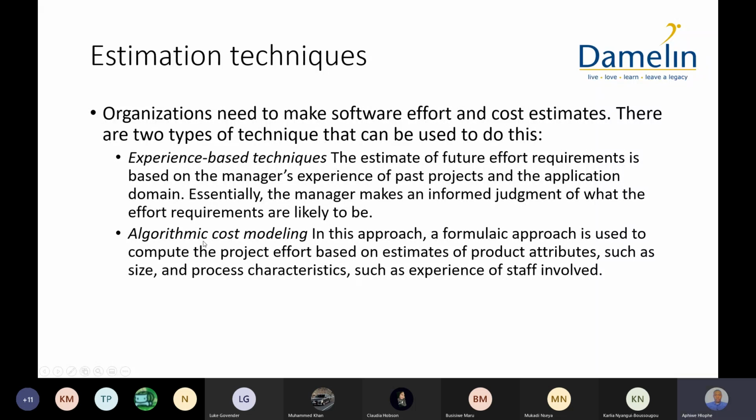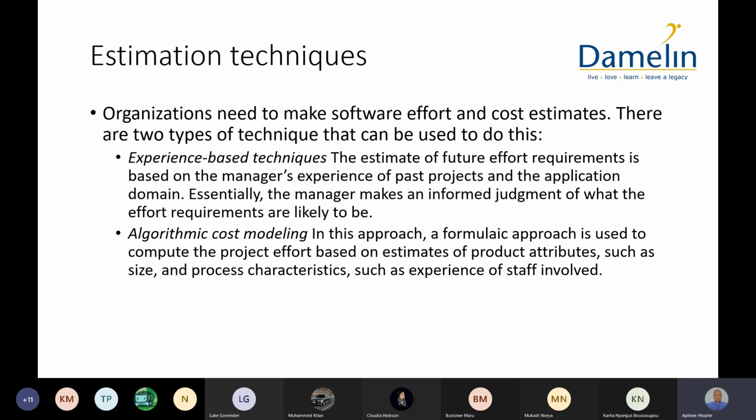Then we also have algorithmic cost modeling, an approach using an algorithm and a particular formula. This one is computed where you put in certain attributes about the product you are building, maybe its size in terms of number of lines of code. Maybe you also provide the job description of the people who are going to be working on the project and how experienced they are.